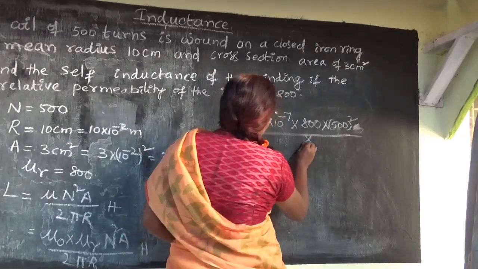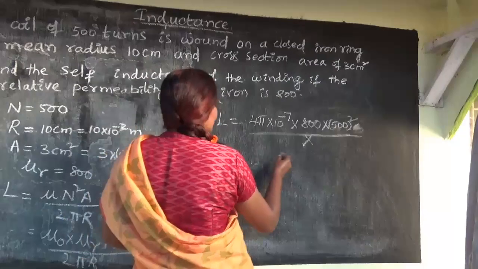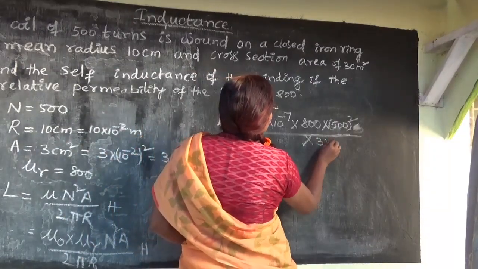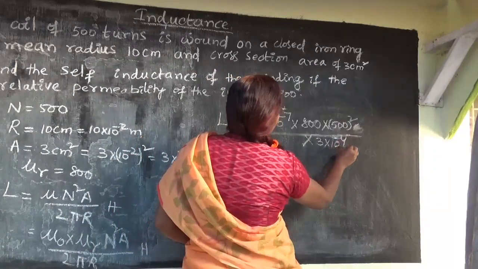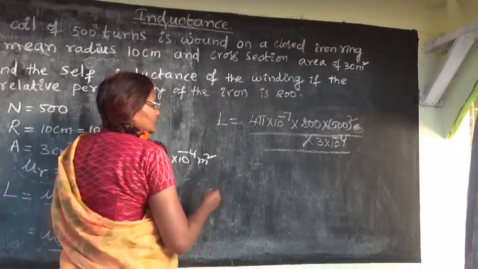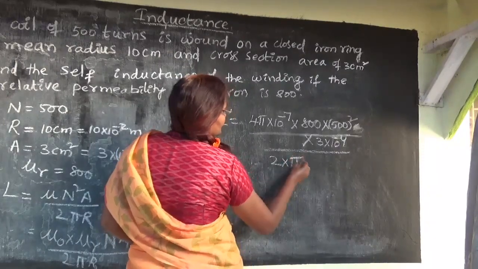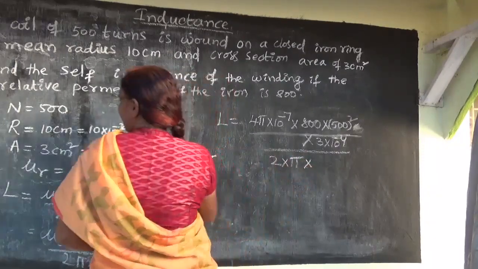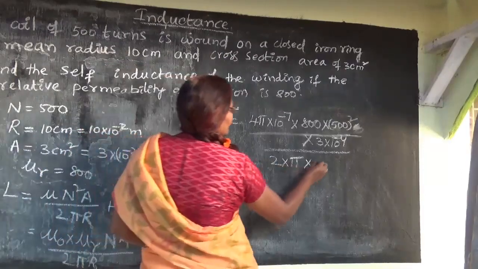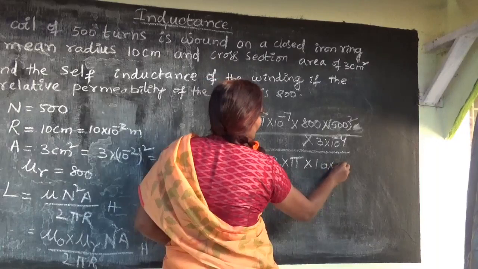So I will write area also here. What is my area? 3 into 10 to the power of minus 4, total divided by 2 pi r. So what is 2 pi r? 2 into pi into capital R is going to be 10 into 10 into 10 to the power of minus 2.